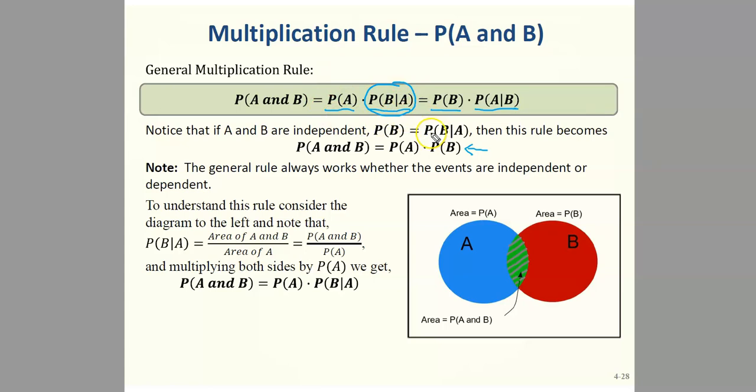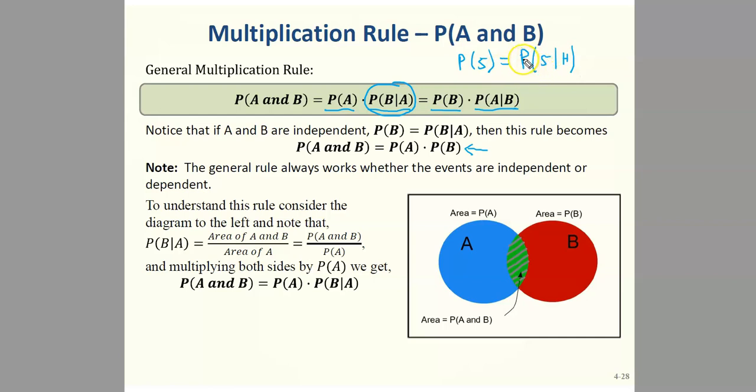Now, in our previous problem, when we were evaluating the probability of getting a heads and a 5, you notice that the probability of getting a 5 was the same as the probability of getting a 5 given that a heads occurred previously, because those events were independent.